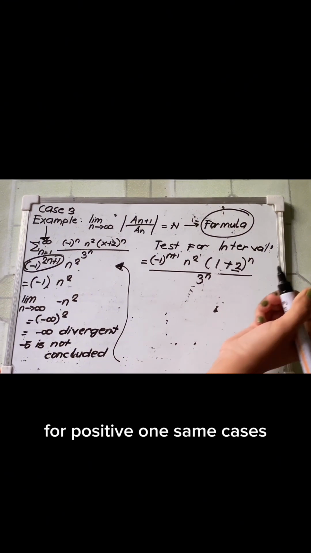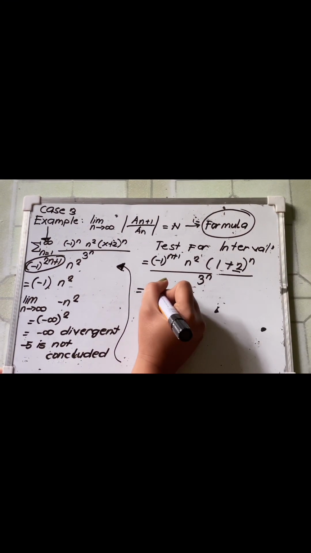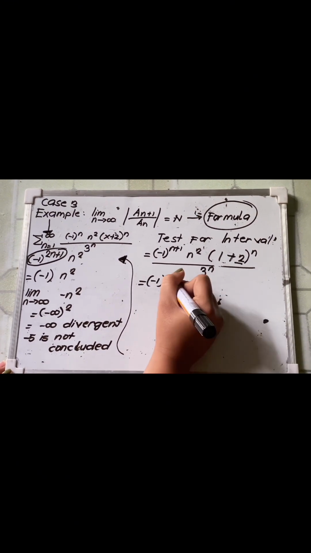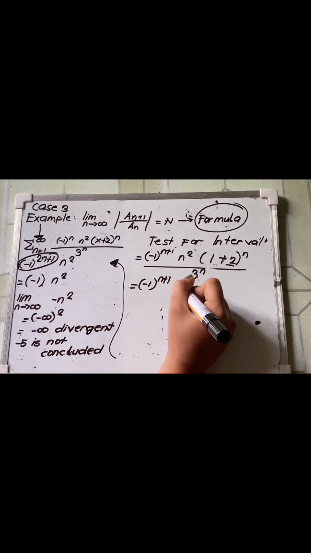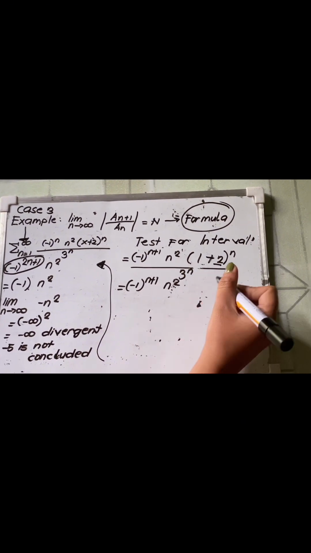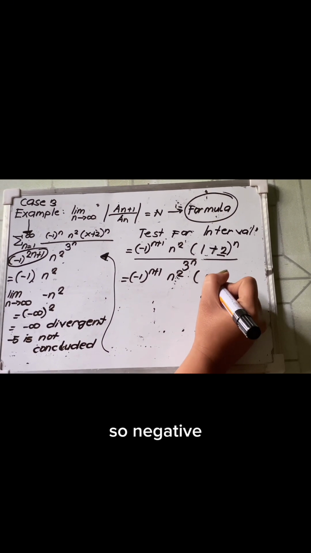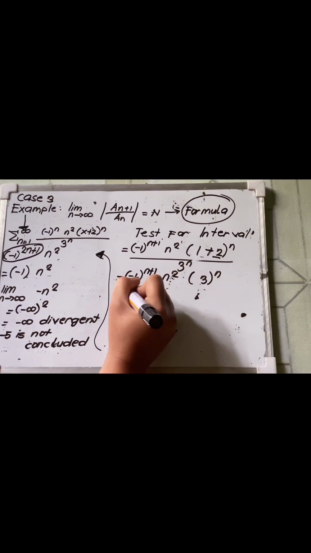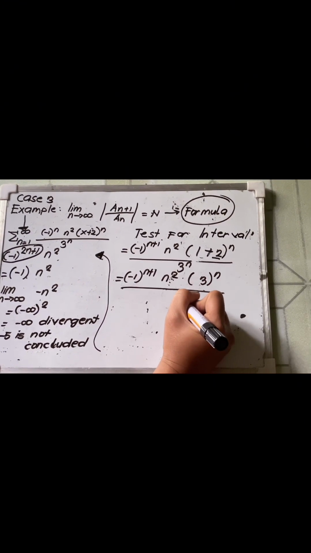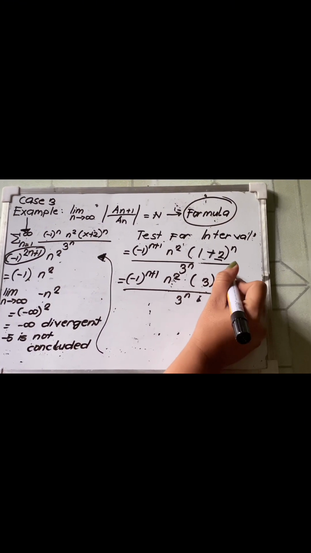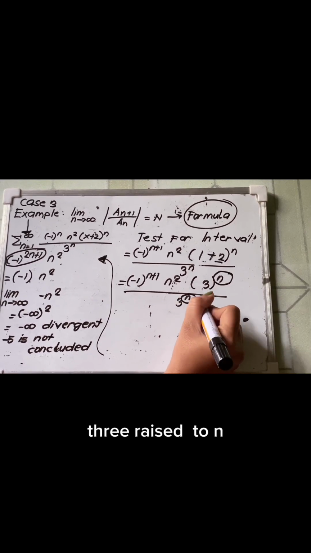For positive 1, same case. So (-1)^(n+1) n squared times (1 + 2)^n all over 3^n. So (-1)^(n+1) n squared. So 1 plus 2 is 3. So 3^n over 3^n.